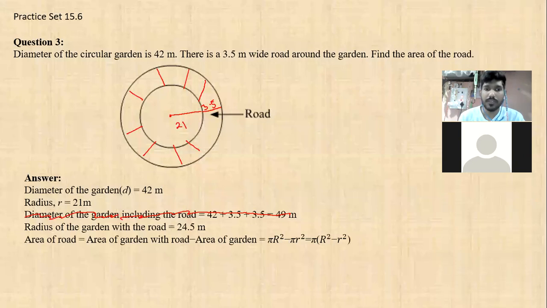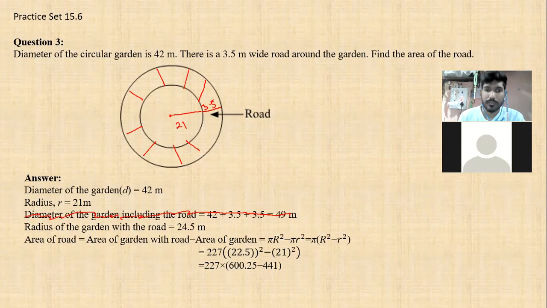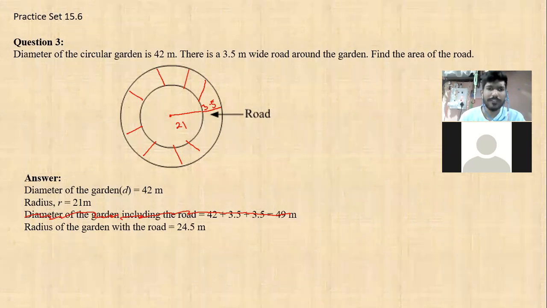So the area of the road will be the area of the bigger circle minus the area of the smaller circle. So we found out the area of the smaller circle, and the area of the bigger circle. A1 and A2 I'll call them. A1 is the area of the smaller circle, A2 is the area of the bigger circle. So the area of the smaller circle, we got it to be, had you all written it yesterday?